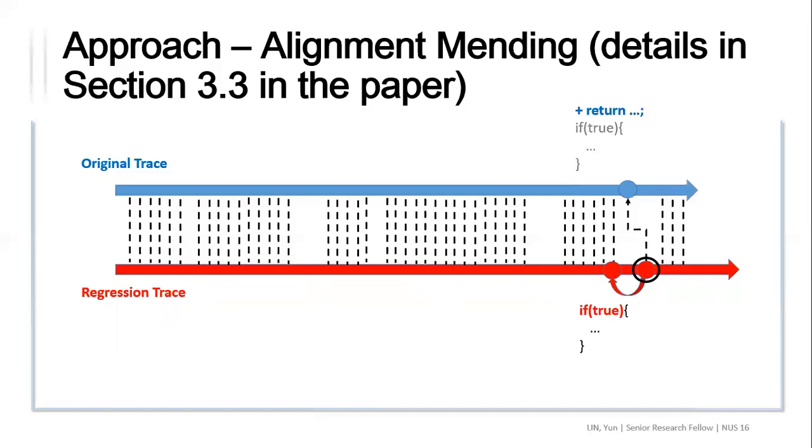Therefore, we first perform dynamic control dependency analysis to locate why the step can happen on the same trace. In the meantime, we search on the other trace for the question why this corresponding step does not happen on the original trace. In this example, we will find that there is an additional return statement that changes the control flow, and we will report it.